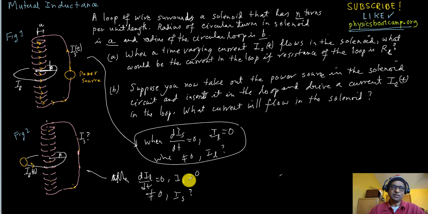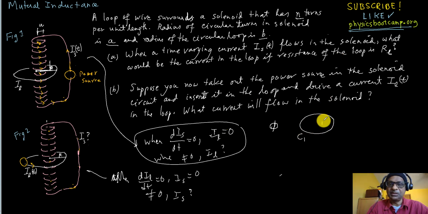I'll just give you a hint about magnetic flux. There are two circuits, a circuit 1 and, using another symbol for it, circuit 2.